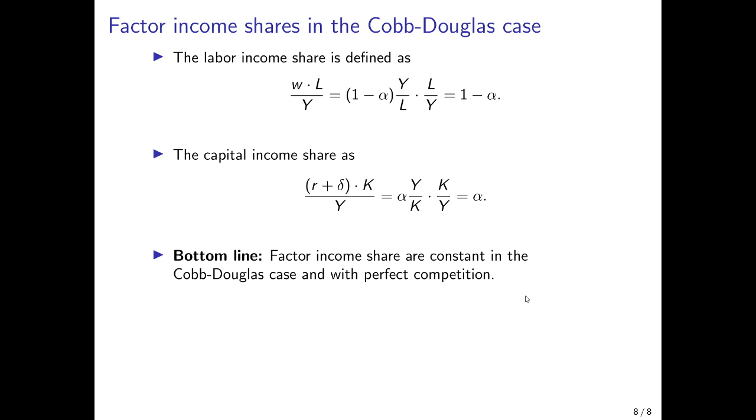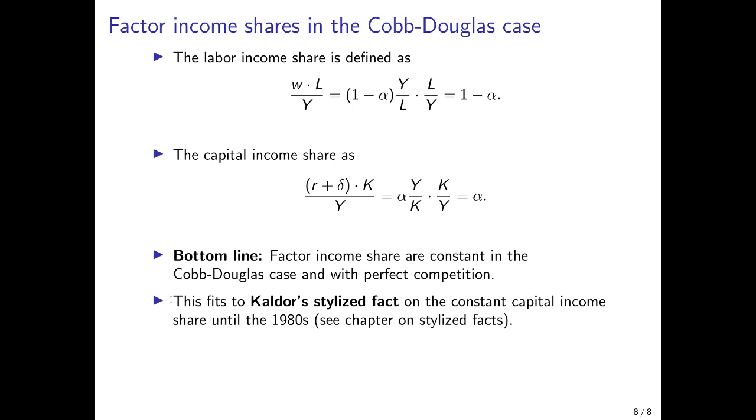This is also used historically to estimate the elasticity of output with respect to capital and with respect to labor, because in the United States until the 1980s the labor income share was constant at about 2/3 and the capital income share was constant at about 1/3. So alpha is estimated to be 1/3 and 1 minus alpha is therefore 2/3. These parameters are typically used in macroeconomic models.